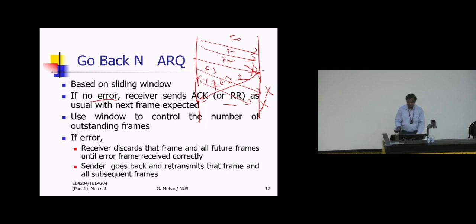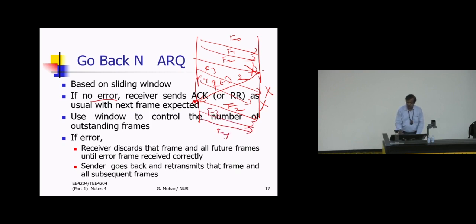So what the sender does is, it receives reject 2 here. Okay, so it has to retransmit frame number 2, right? It retransmits frame number 2. But it knows that go back N is used, that means the receiver would not have accepted frame 3 and frame 4, so it will retransmit frame 3 also, frame 4 also.